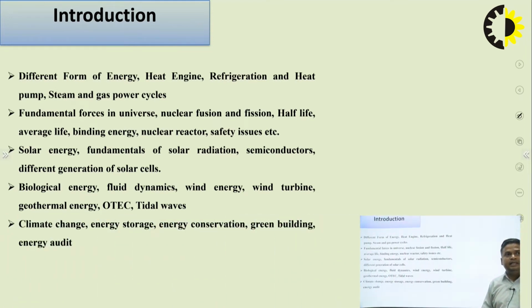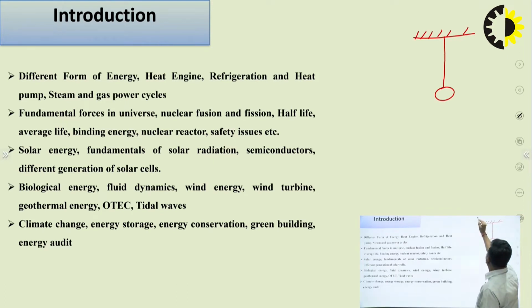Like suppose we are having this, a simple pendulum.